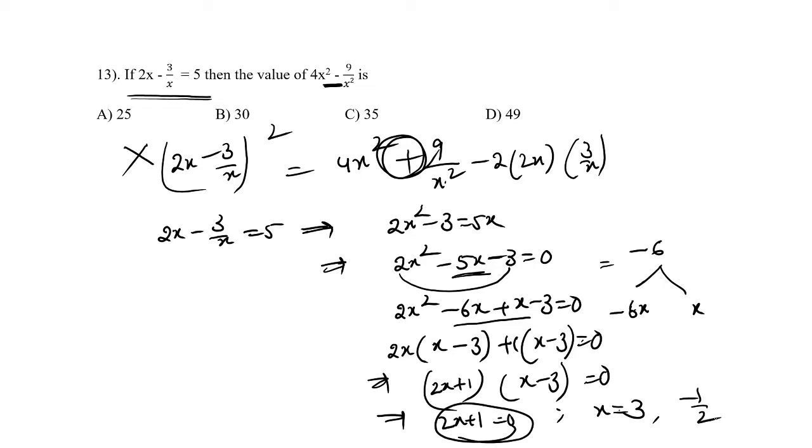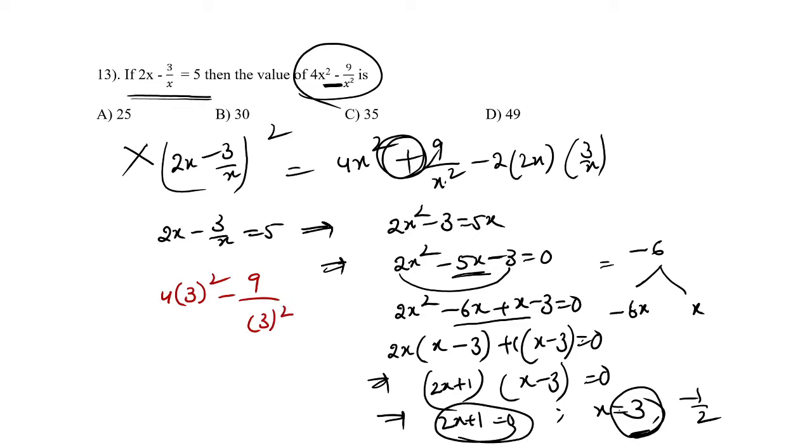First of all, substitute the value 3 in 4x square minus 9 by x square. 4 into 3 square minus 9 by 3 square. 4 into 9 is 36 minus 9 by 3 into 3, cancelled.